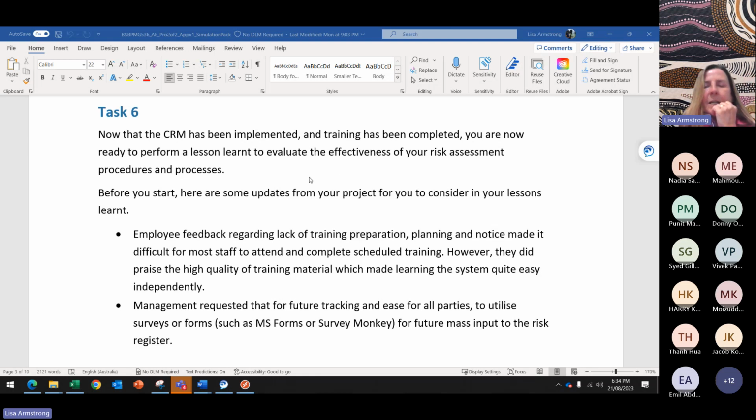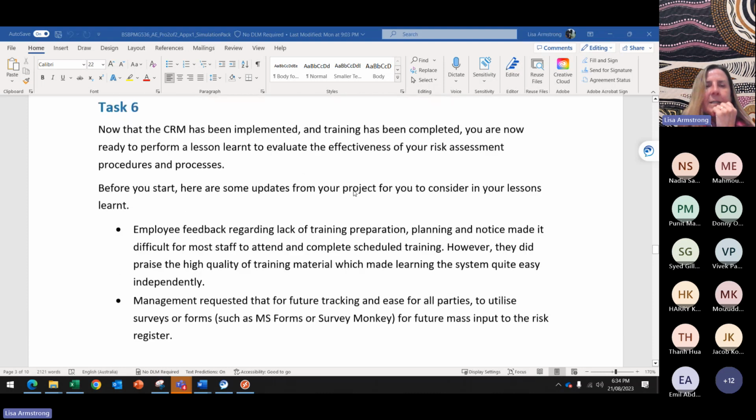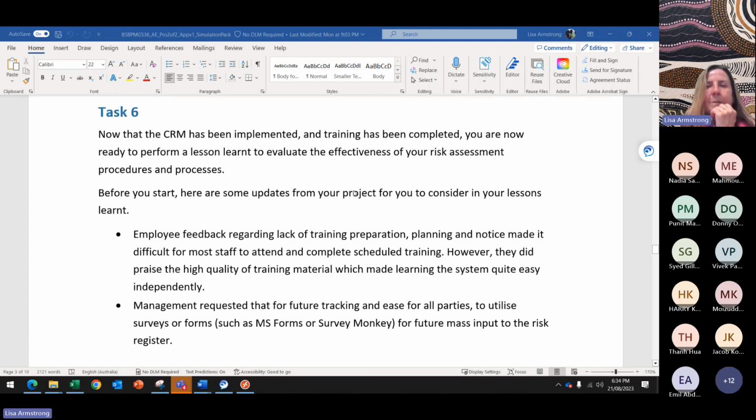So you can have a read of task 6, on page 6 of our simulation pack. Now the CRM has been implemented and training has been completed. You are now ready to perform a lessons learned, to evaluate the effectiveness of your risk assessment. Before you start, here are some updates from your project for you to consider in your lessons learned.